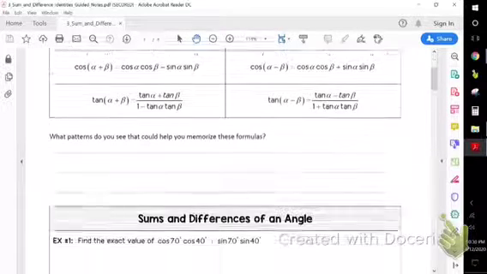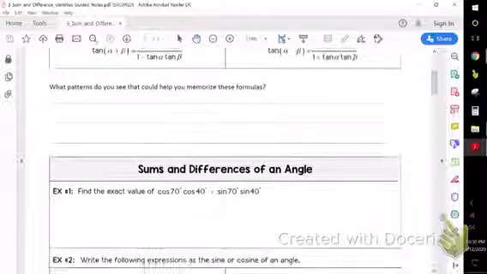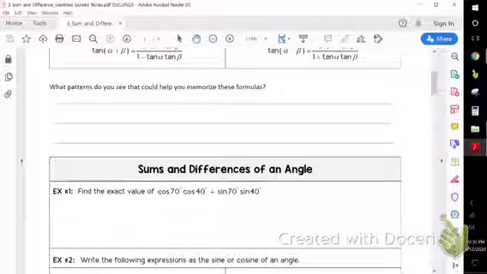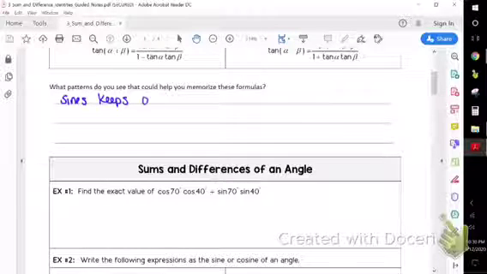So it says, what patterns do you see that could help you memorize these formulas? Well, you don't have to memorize these formulas because you know that you can put them on your unit circle. But something that will help you there is, what did we notice about sine? Sine keeps the operation, meaning if it was alpha plus beta, then we added in the formula.